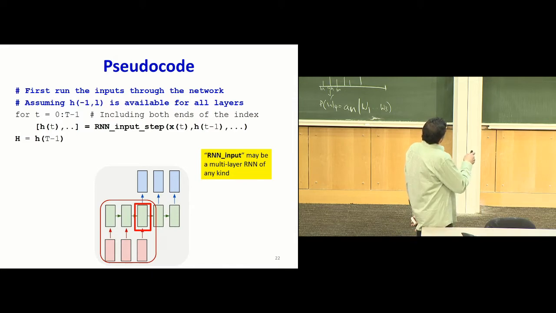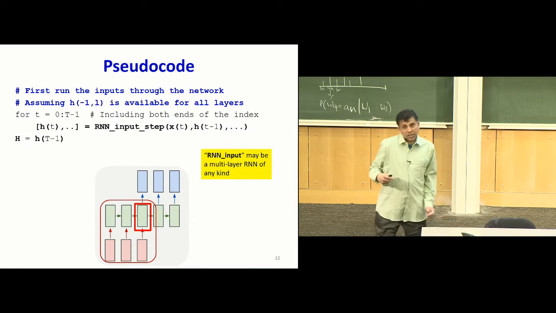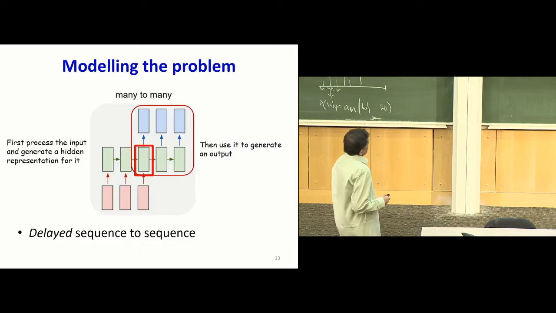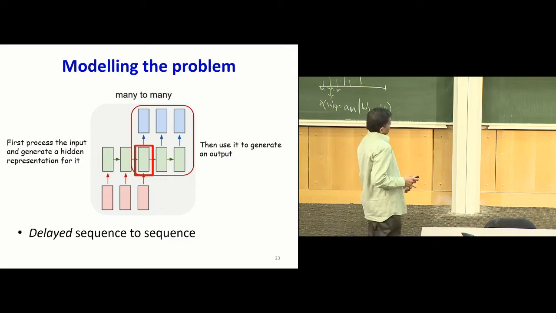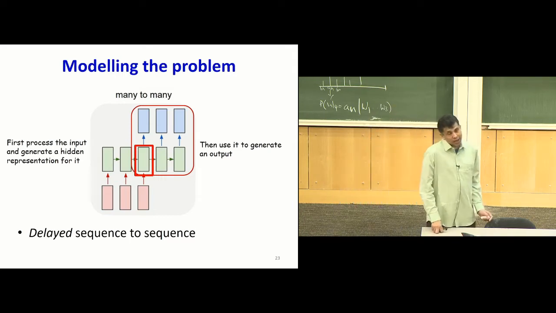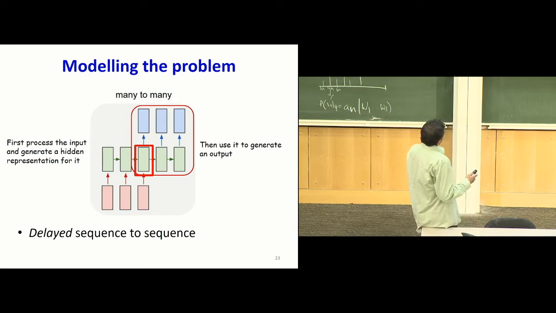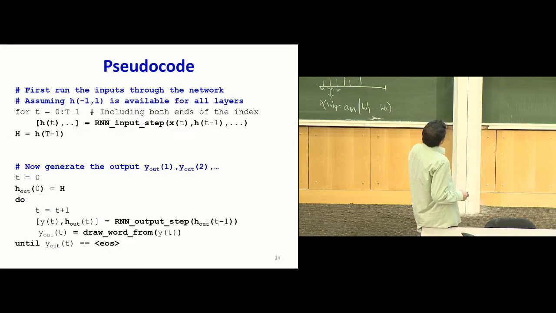I won't talk about it too much, but you'd be stepping through the input and continuously computing these hidden representations. Observe that you're not actually computing the output. All you're interested in is the hidden representations. And when you're done processing the input, the final hidden representation is what is now going to be used. This is now passed on to the second component of the network, which will use it to generate the output sequence. So here is the complete pseudocode.